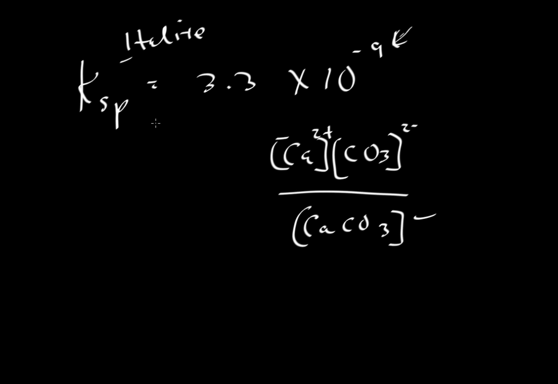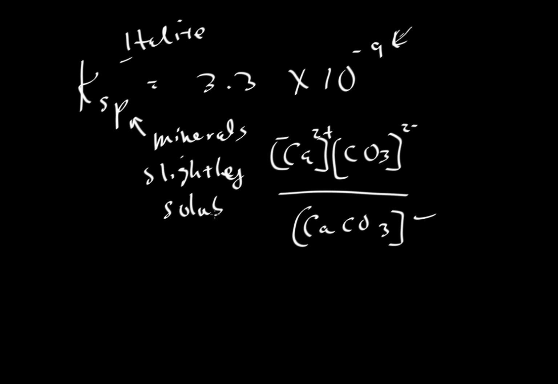Anyway, the bottom line is you'll often see K sub SP for minerals that are only slightly soluble. So it's very common to use the K sub SP for things that are only slightly soluble in water. A lot of K sub SP values are going to be very small, but they do vary quite a bit. Even though they're quite small, you can have anything from 10 to the minus 3 to 10 to the minus 40 or something like that. And we'll show some other examples perhaps in other videos.